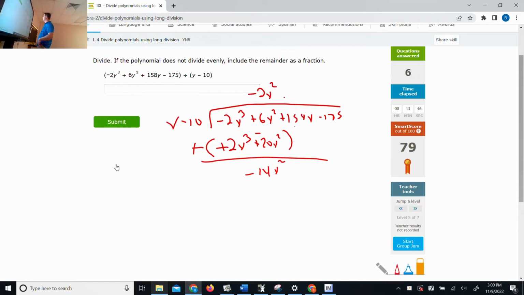I multiply by a negative 14. By the way, carry down the 158y. Now I'm going to multiply by a negative 14, negative 14y squared plus 140. I like that that's plus 140y.